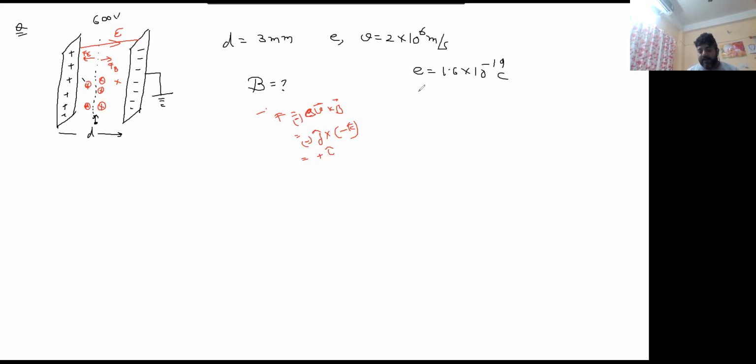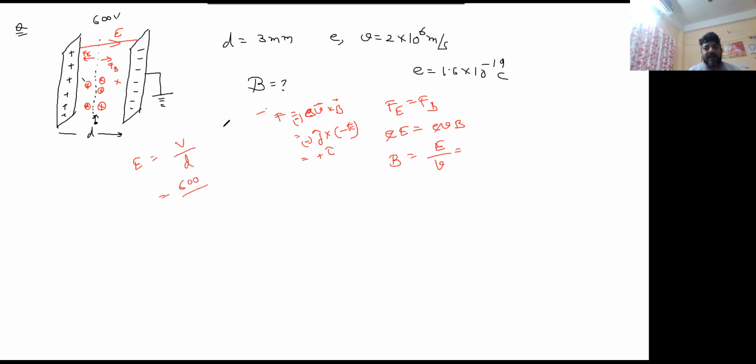And how you get the value? Recall the Lorentz force, case 2: when electric field, magnetic field and velocity of the charged particle are perpendicular to each other, electric force balances magnetic force. So qE equals qvB, q cancels, so B is E by v. Now how do you get the electric field? Electric field is voltage by distance.